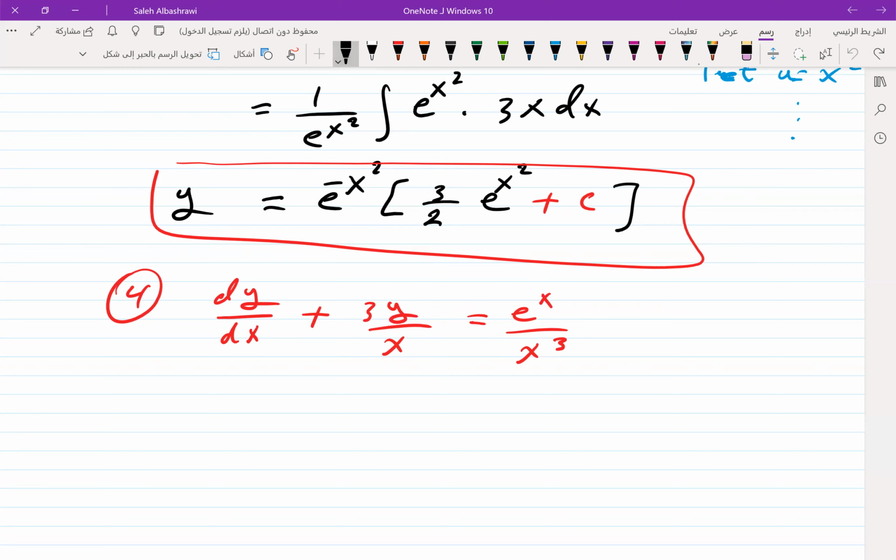Let's find the integrating factor for this one. Now let's find p of x first.